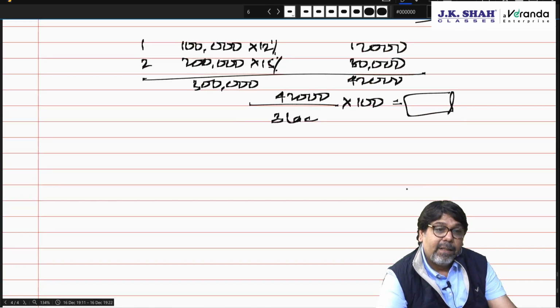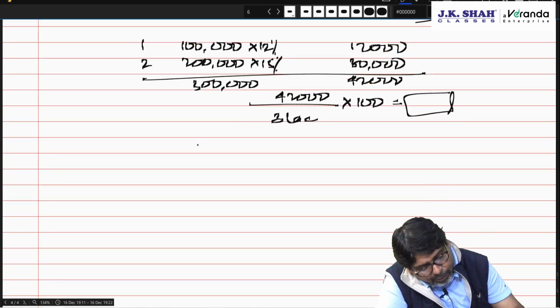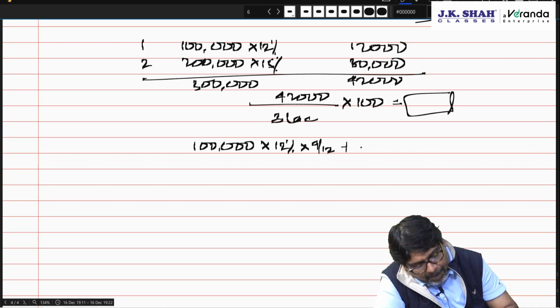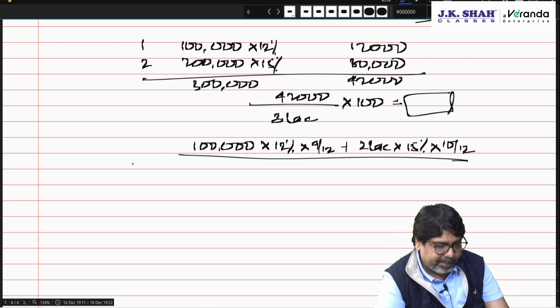Am I clear? Another way, suppose you had 1 lakh, 12% for 9 months plus 2 lakh, 15% for 10 months. This is the interest you paid.